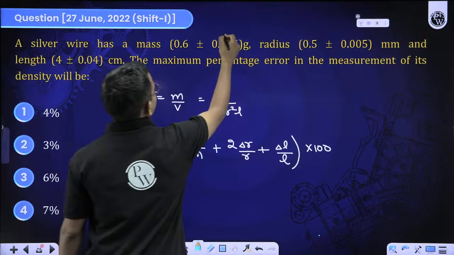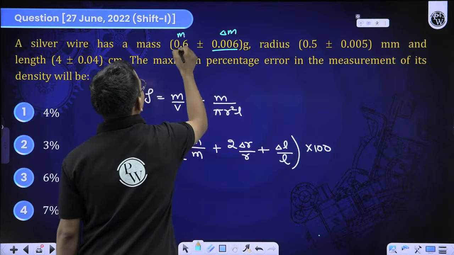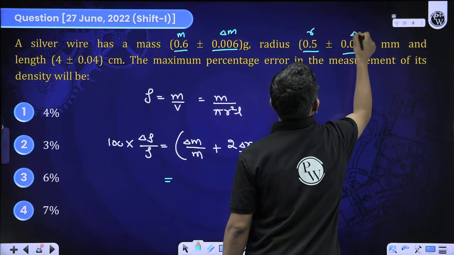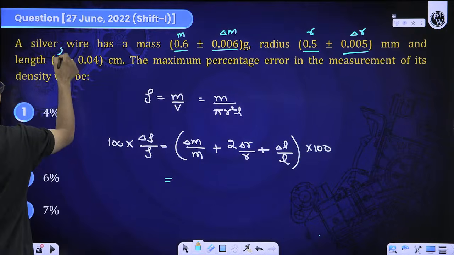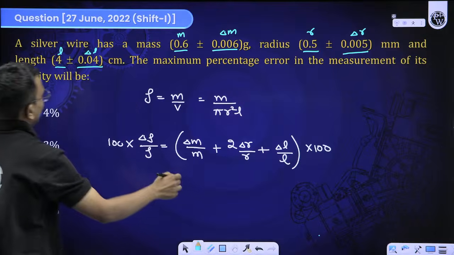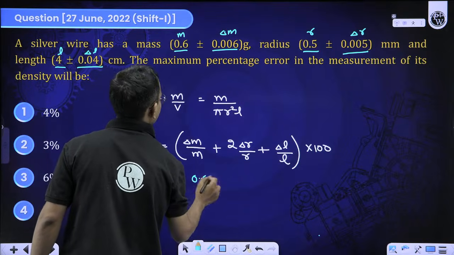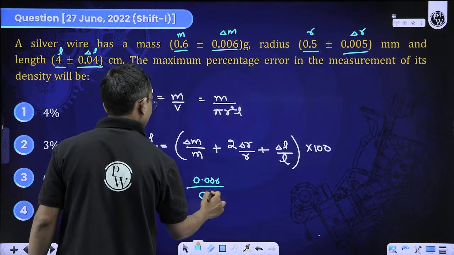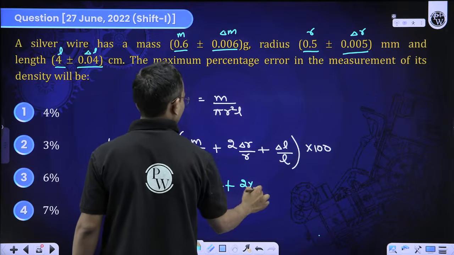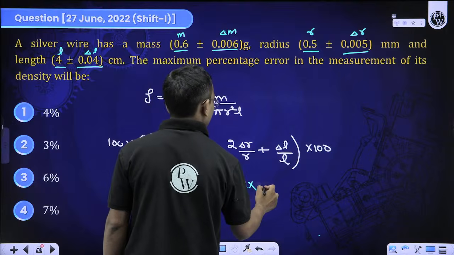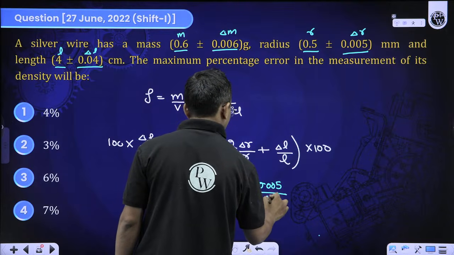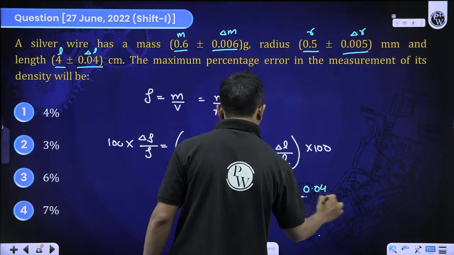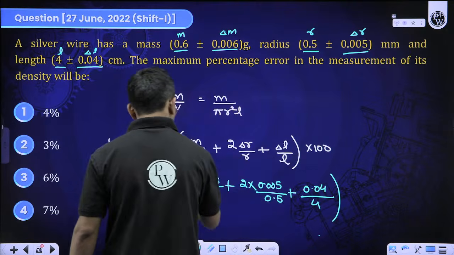This is my delta m, this is my m, this is my r, this is delta r, this is L, and this is delta L. Now put the values: 0.006 divided by 0.6, plus 2 into delta r 0.005 divided by 0.5, plus delta L 0.04 divided by 4, into 100.